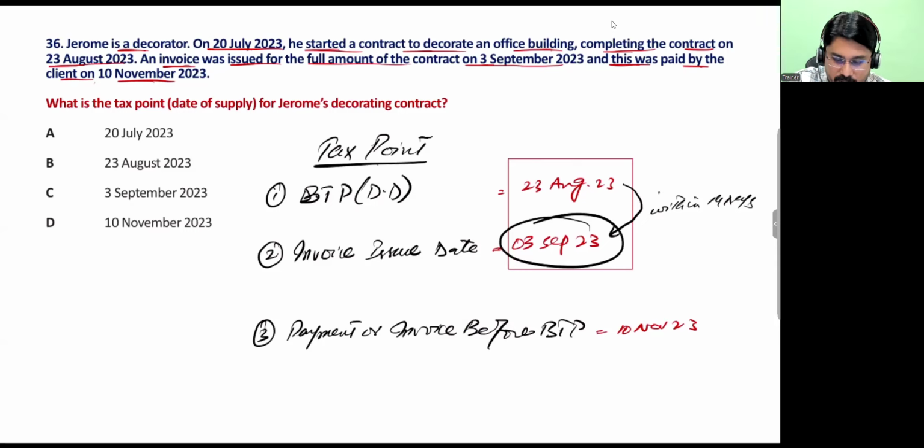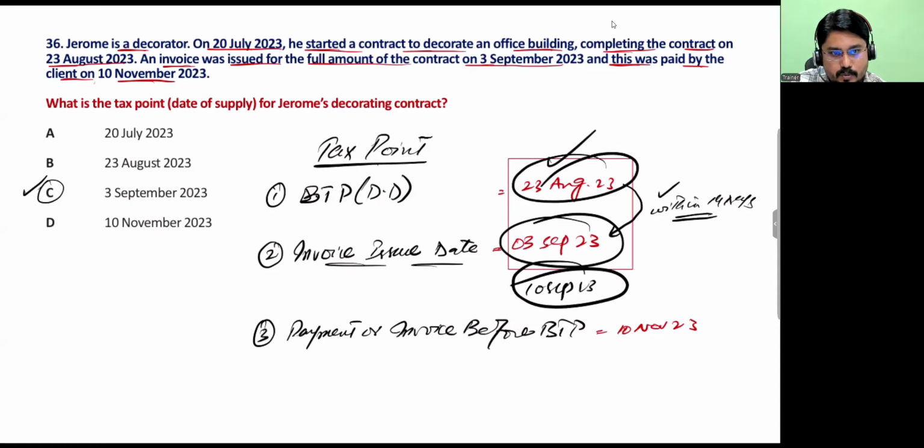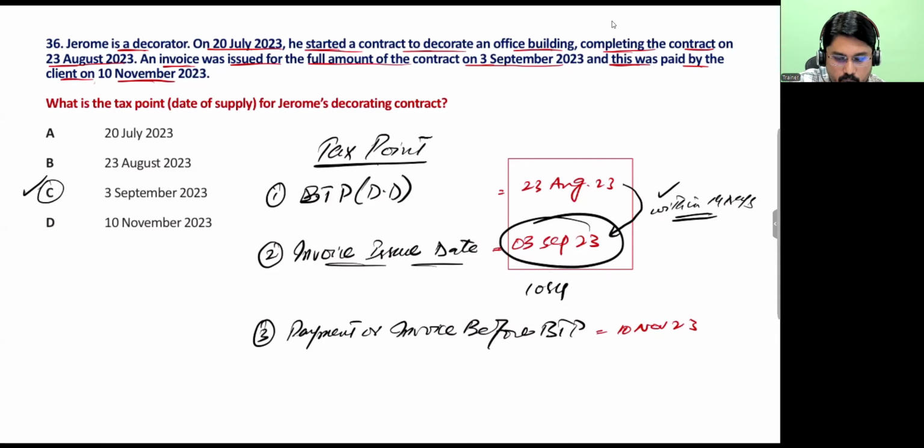Yes, it's within 14 days because if you start counting from 23rd August 23, 3rd September 23 will be within the 14 days time period. So this invoice issue date will become your tax point. Let's say it's 10th September 23. Then the time gap between these two dates is more than 14 days. Then you will say that the basic tax point is your tax point. But as in this scenario, the invoice is issued within 14 days after the delivery, this invoice issue date will become your tax point. So C is the correct answer.